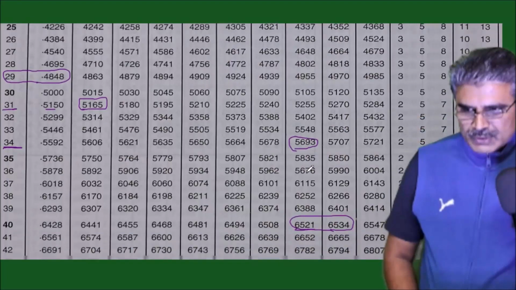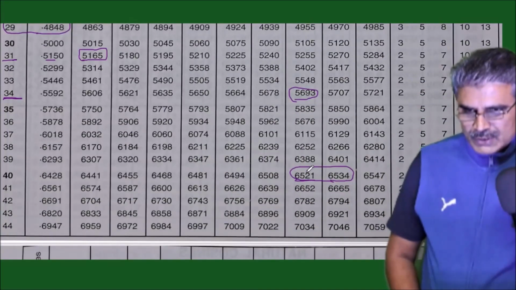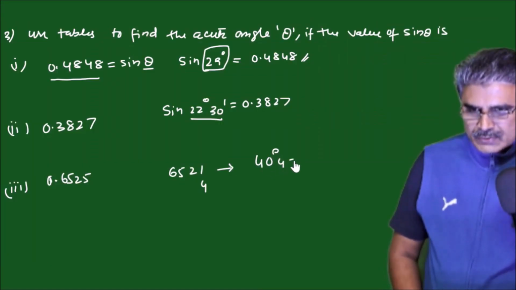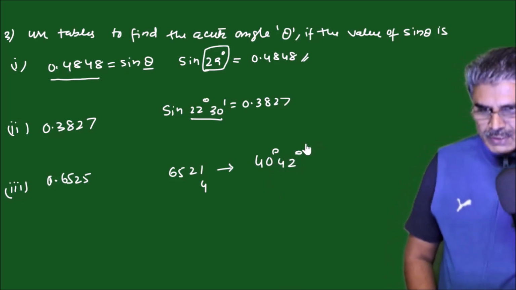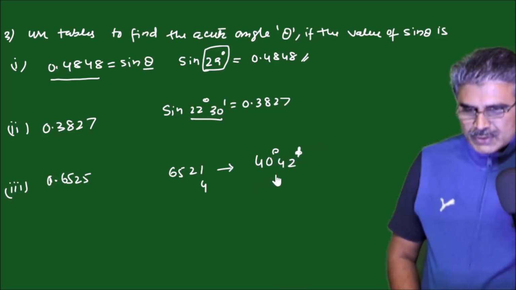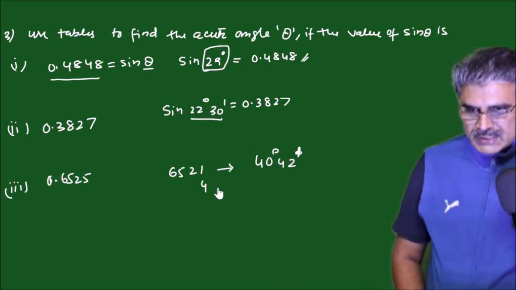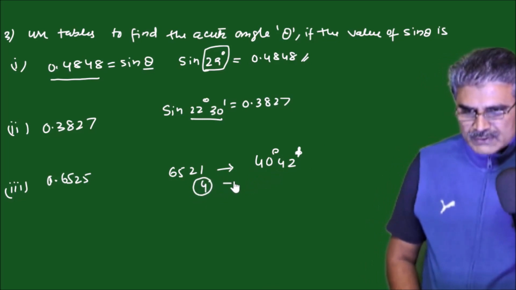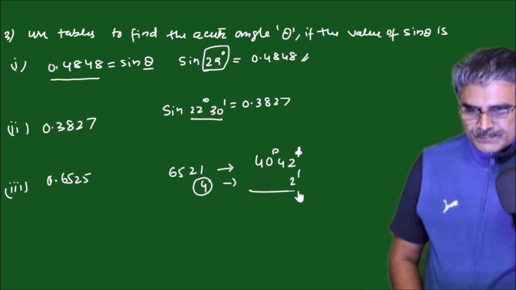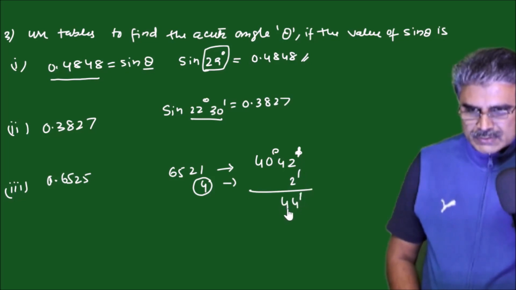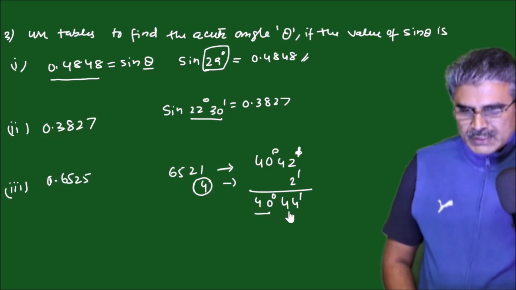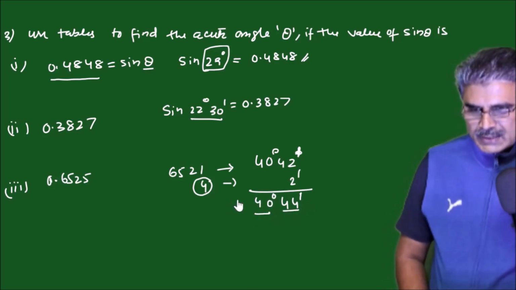At 40 degrees 42 minutes we got 6521. We got that value at this angle, and the mean difference 4 at 2 minutes, which will be added up, so you will get 42 plus 2, that is 44 minutes. So 40 degrees 44 minutes is the angle.